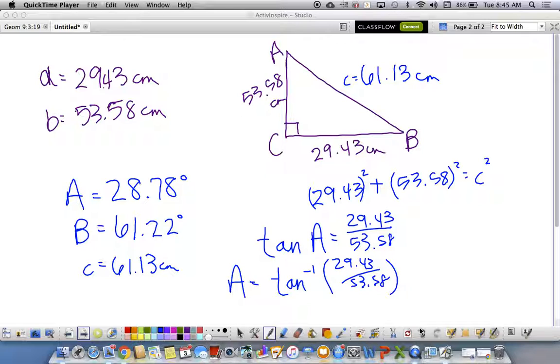Keep putting it in there. Can you do it?